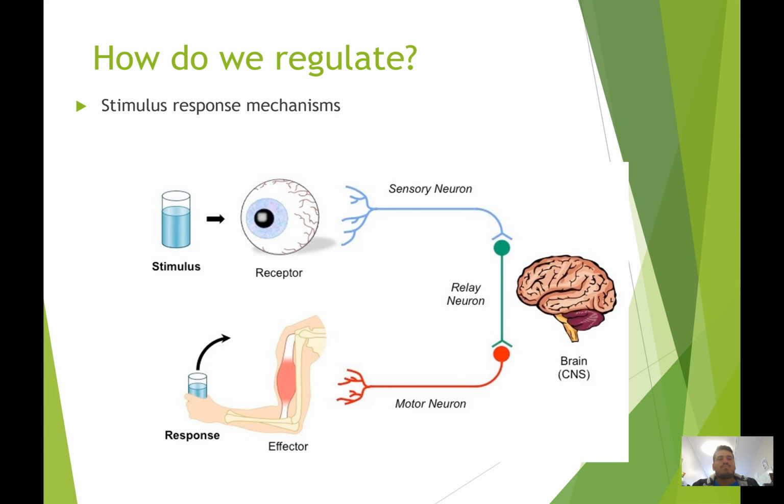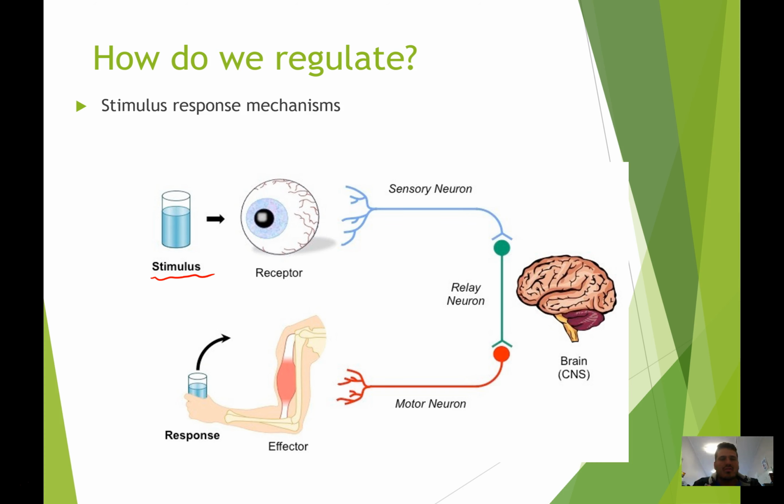Okay, so now let's talk about how we actually do this regulation. Before we go on to slightly more complex specific examples, you have to know what's called the stimulus response model. Those students that do psychology probably would be aware of the stimulus response model. It just involves having a specific stimulus. So for the example here, you might be thirsty, and so you have the stimulus that you see a glass of water.